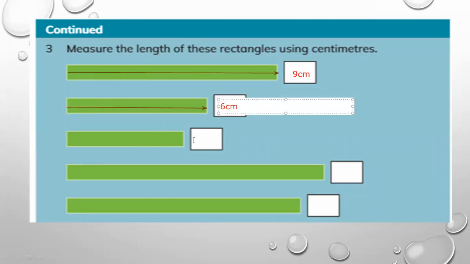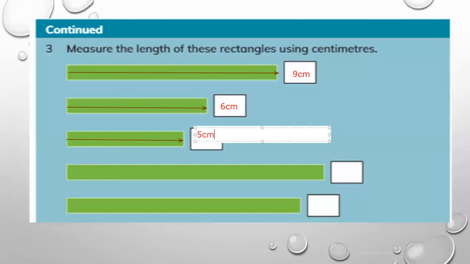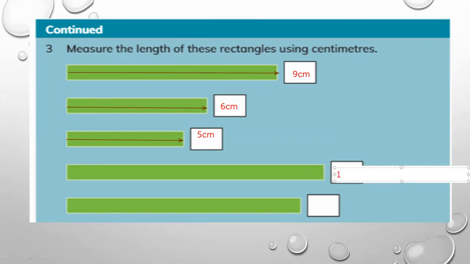Then the third one is less than the second one, so let's find out with the help of the ruler. It is 5 centimeters. Likewise, we are going to measure the next two rectangles with the help of the ruler.